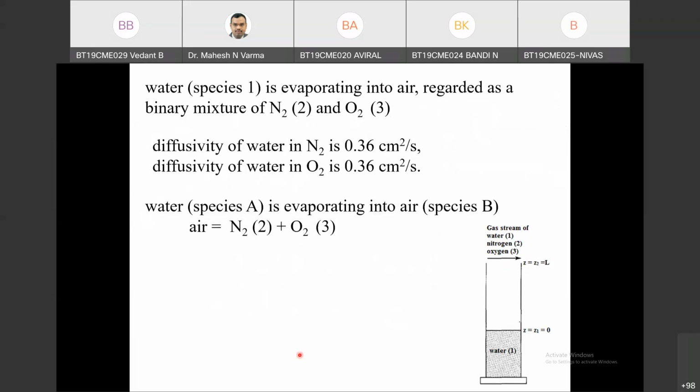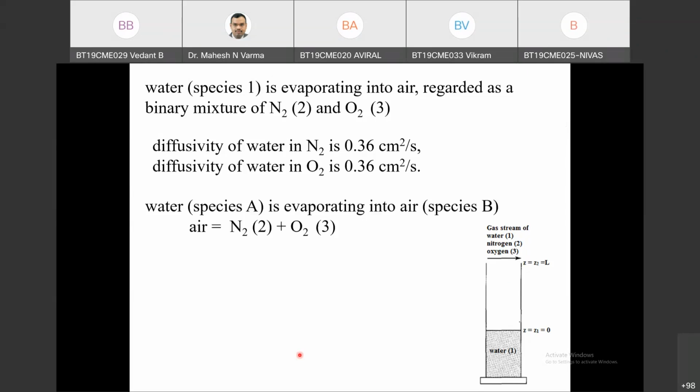Now what is the total concentration C? What is the value of C you got? Roll number 33, Vikram. Yes, sir. C, what is the value of C? One second, sir, I'm calculating.